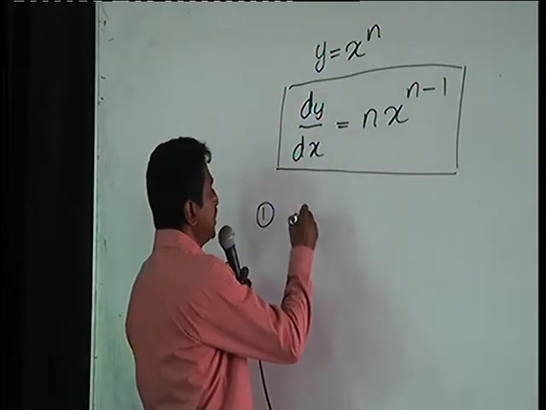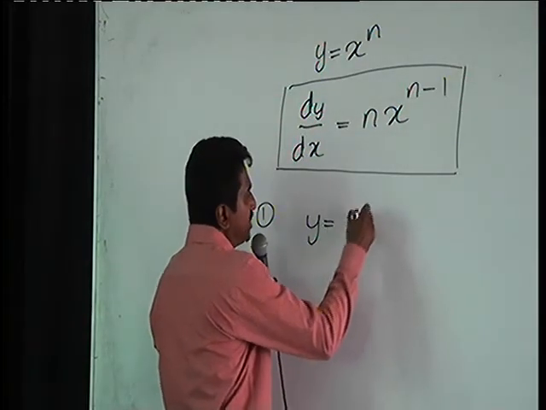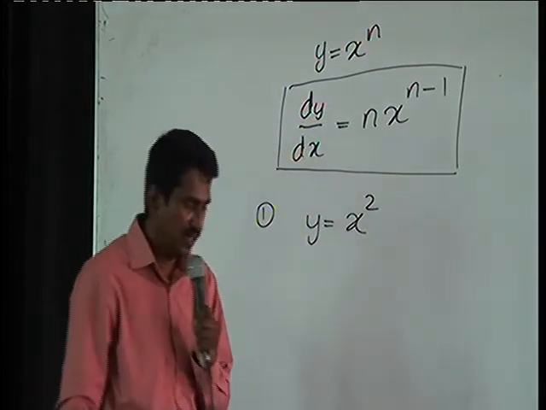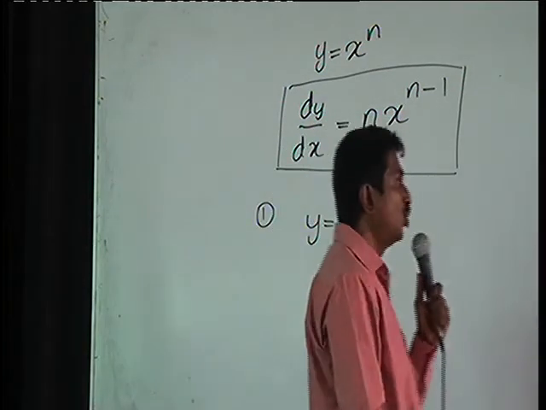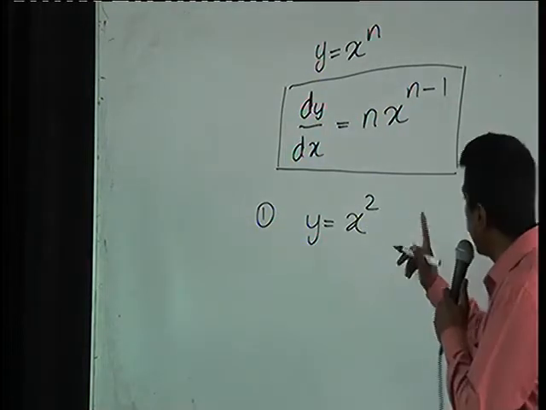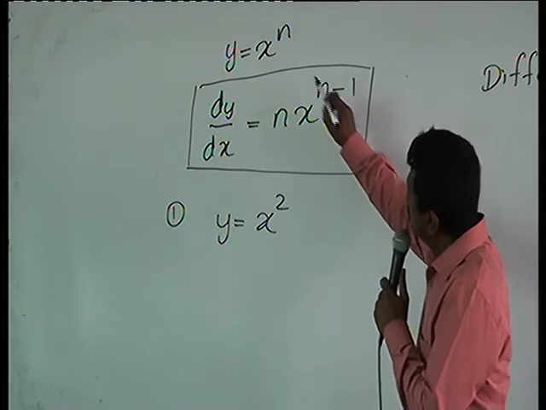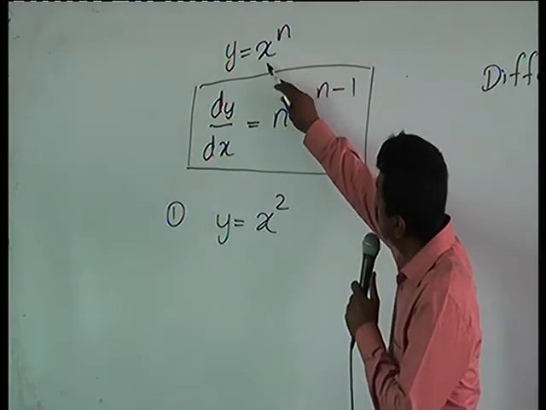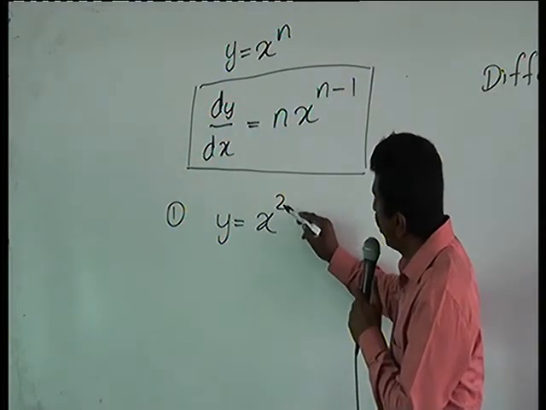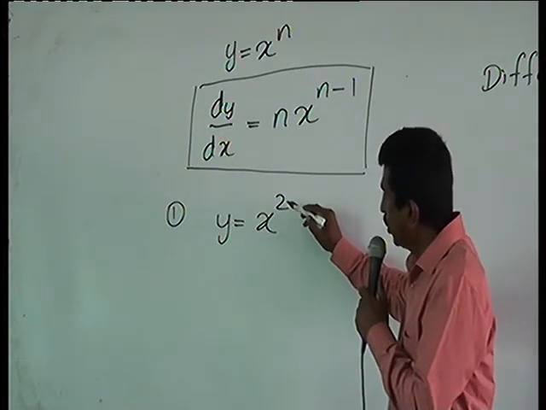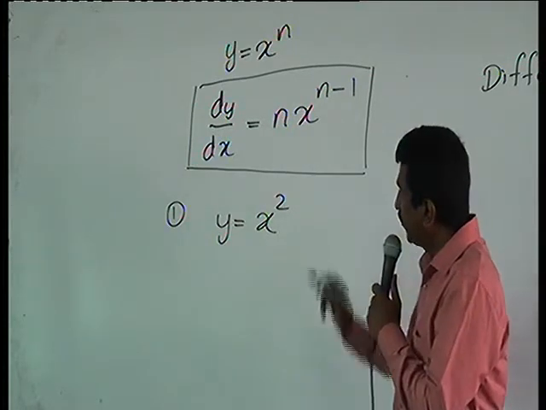Say if I consider a very simple function, y equals x squared. How do we differentiate? We need to identify the n. X to the power n, here x to the power 2. How much is n? n is equal to 2.